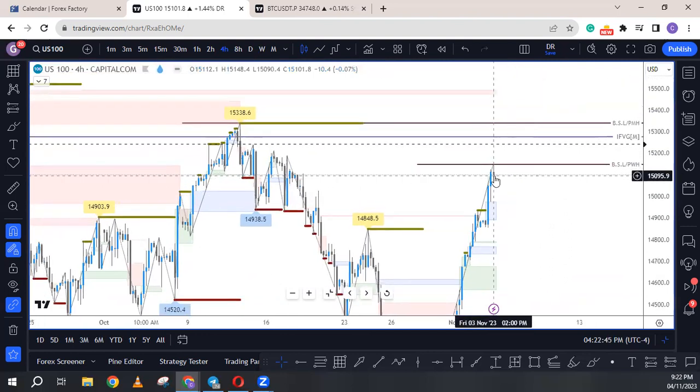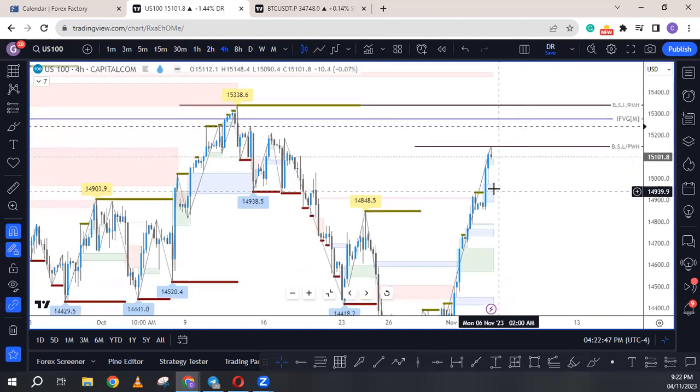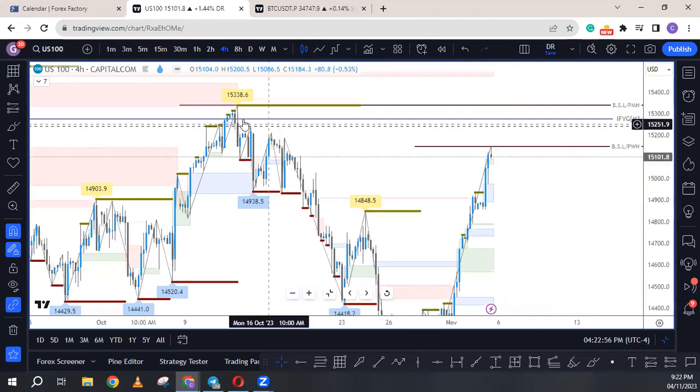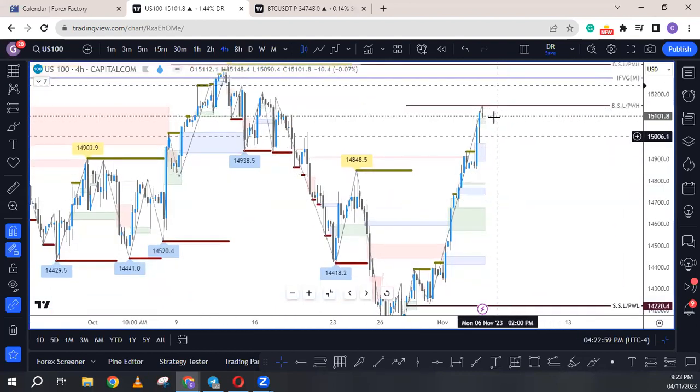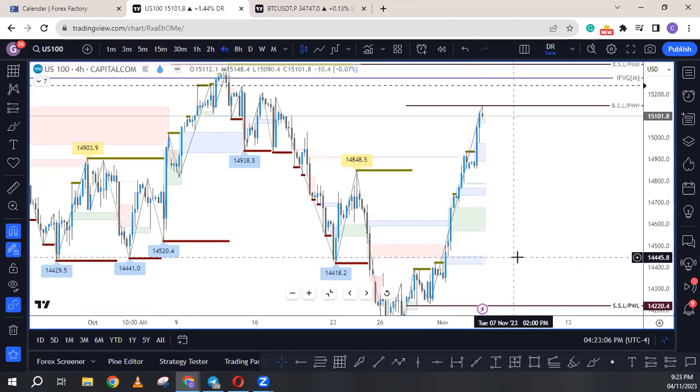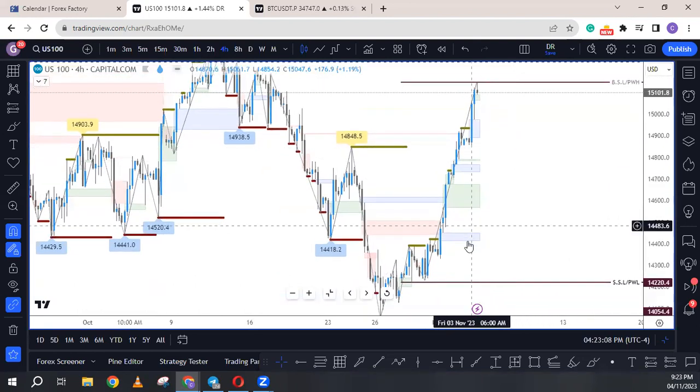So all things being equal, we're looking at this structure point here. If it doesn't break above this on Sunday for a retracement and a long position to sweep here, then if it gets rejected and comes back below the previous week's high, we may see a move to fill up all these imbalances, because we can see them on the 4-hour.